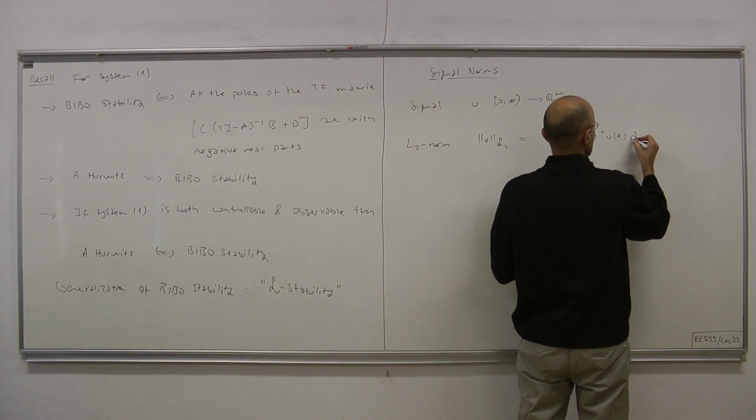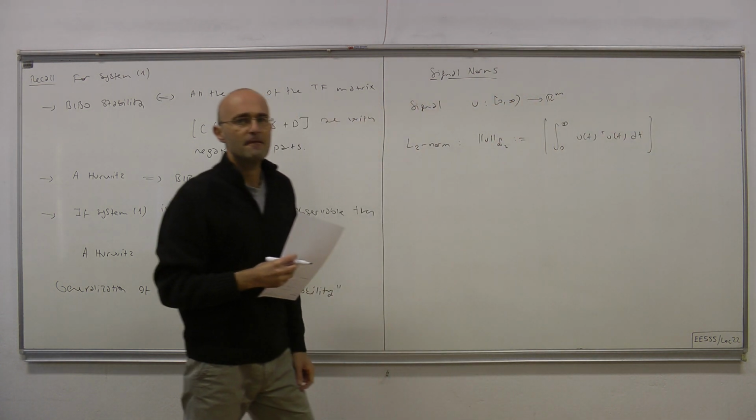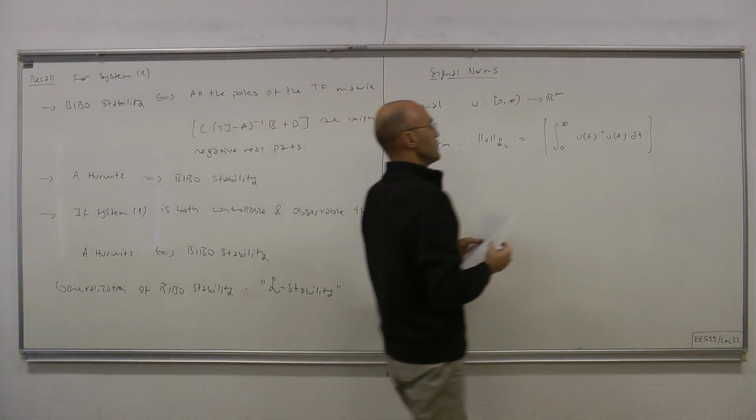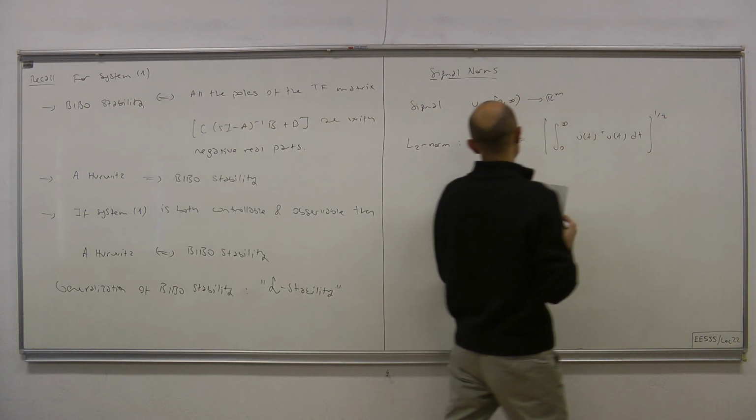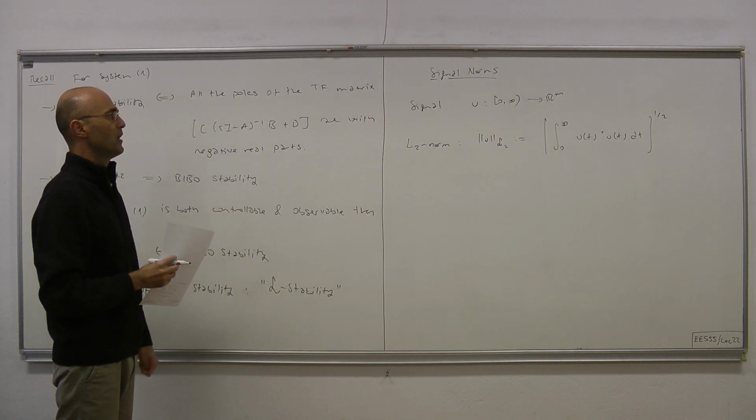So you integrate this. Then suppose that you obtain a finite value, and then you take the square root, and if it's finite, that's the L2 norm of the signal u.